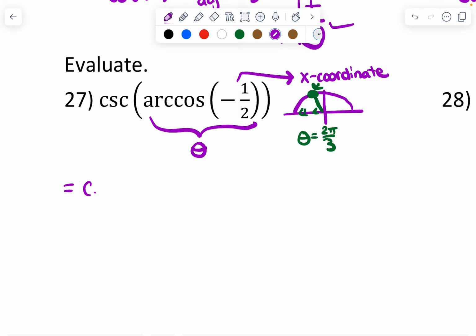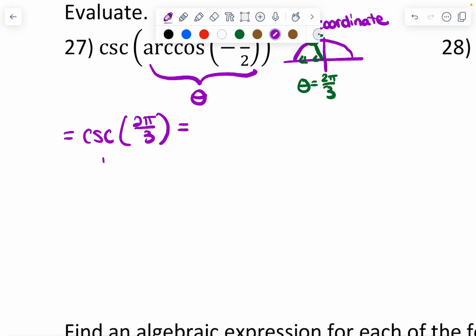So this is going to be equal to cosecant of 2 pi over 3. So there's a couple ways to solve this one. What you can do is you can go off to the side, and you can think of sine of 2 pi over 3, because sine is the reciprocal of cosecant.